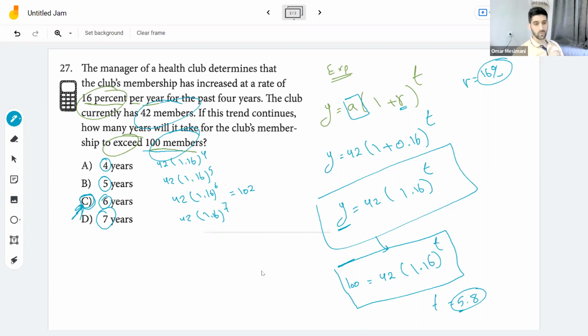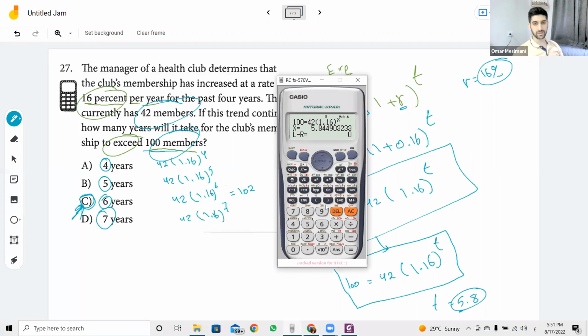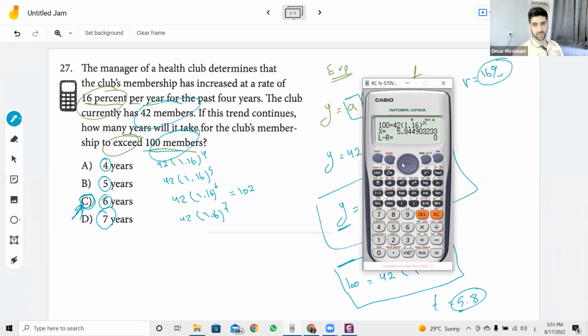Look, if I have an equation, x plus 5 equals 7, do you know the answer? 2. If I press only shift solve, he's not going to give you 2. He's going to give you 5.8.